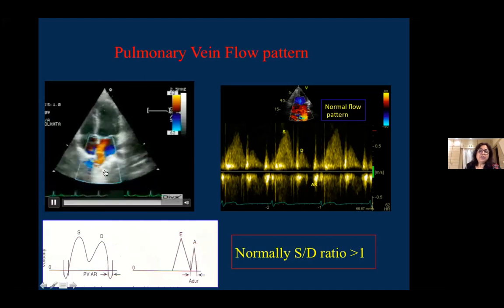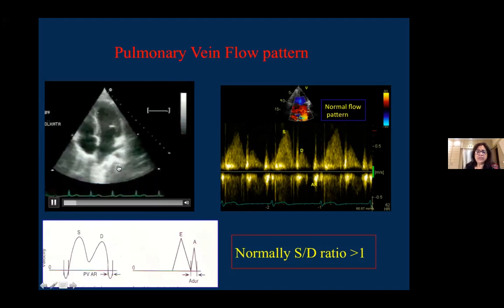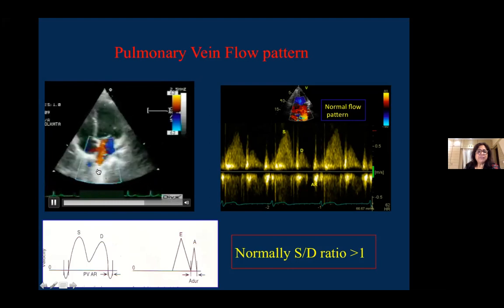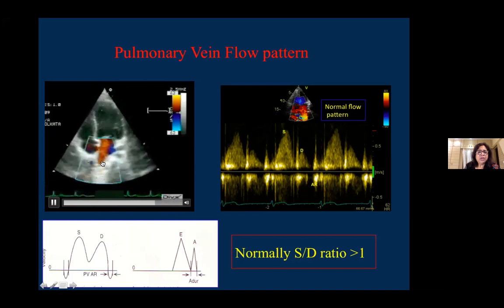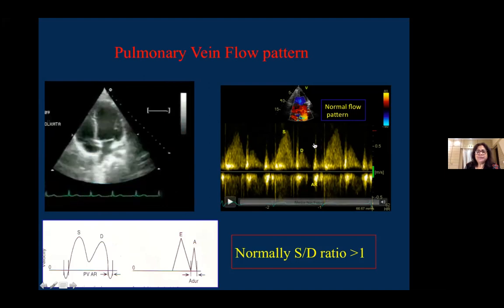We may see all the four veins in many cases. So this is the right upper pulmonary vein. I'm getting the apical four-chamber view, putting the color flow, and the sector is a bit down towards the pulmonary vein. So what I do, I put the sample volume deep inside the pulmonary vein, 2 centimeter inside, and get the pulse wave Doppler.